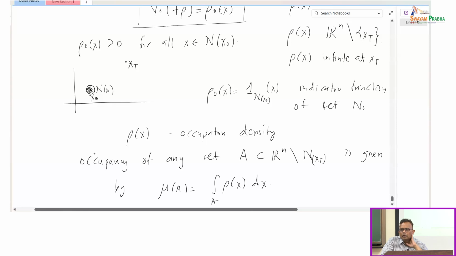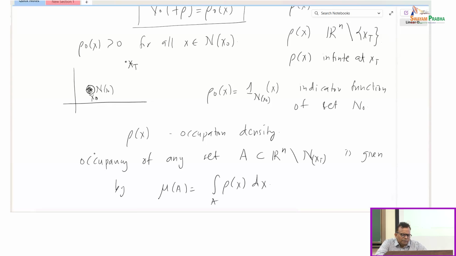Okay. So what does this mean? This means that, roughly speaking, if you want to look at the amount of time the system trajectory spends in any set A before actually reaching this target set xt, starting from initial set around x0, it is characterized by this number.